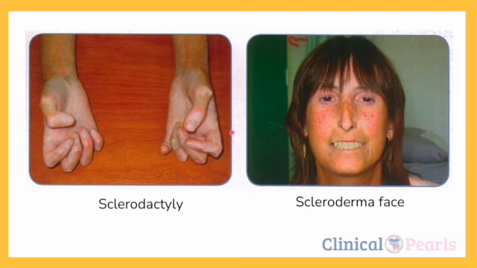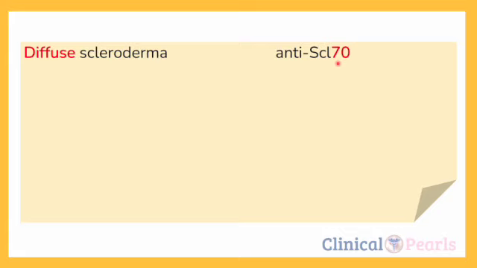Remember the different autoantibodies for the different types of scleroderma. The way I remember it is that for diffuse scleroderma, it's widespread, for which the antibody is anti-SCL 70. And, well, 70 is a lot, or widespread, hence diffuse scleroderma.